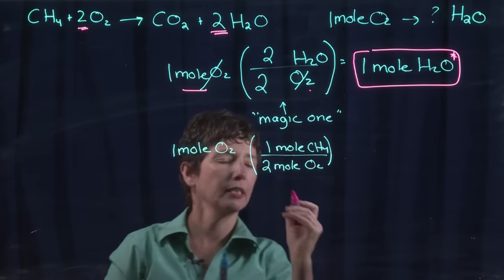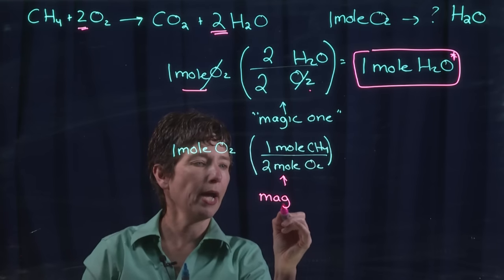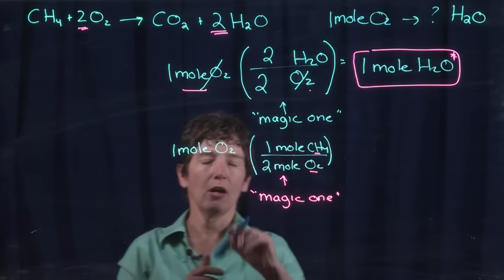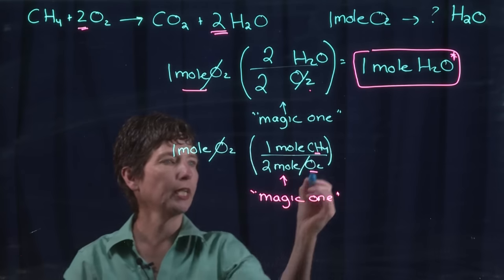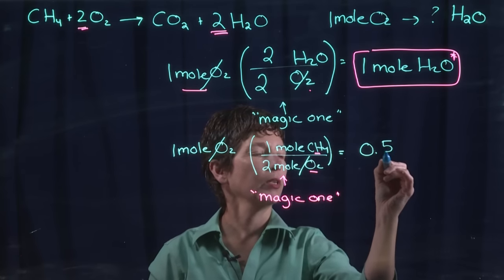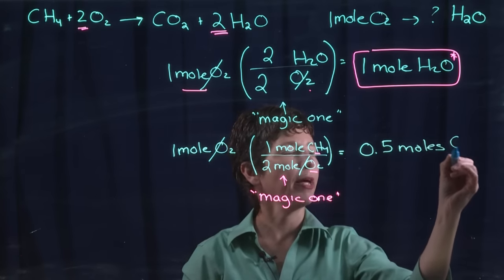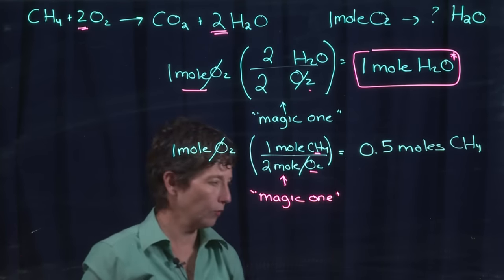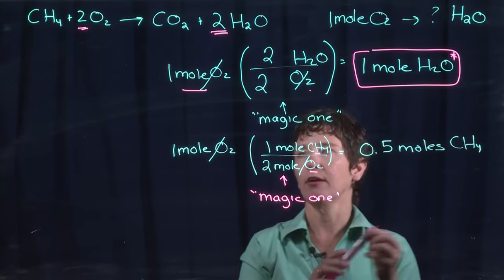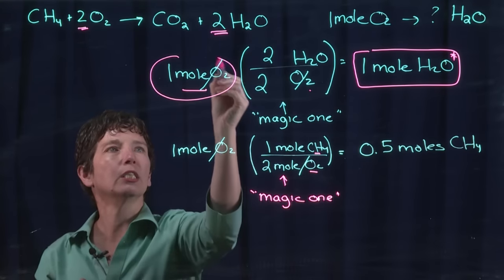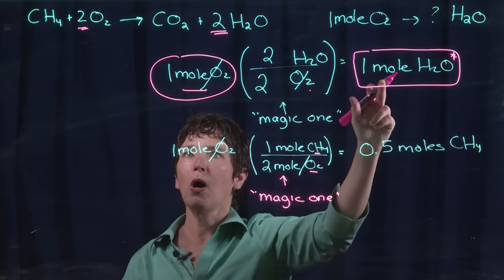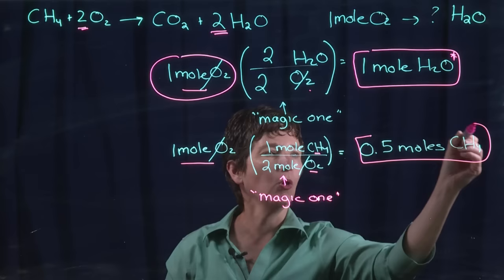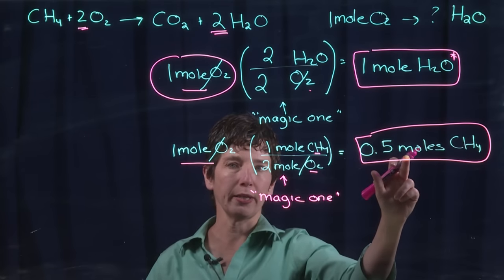This again is our magic 1 that relates oxygen and methane. Moles of oxygen will cancel, and we'll be left with moles of methane. So in a very straightforward fashion, what all of this told us is that if I have 1 mole of oxygen, I can make 1 mole of water, and I will consume only 0.5 moles of methane.